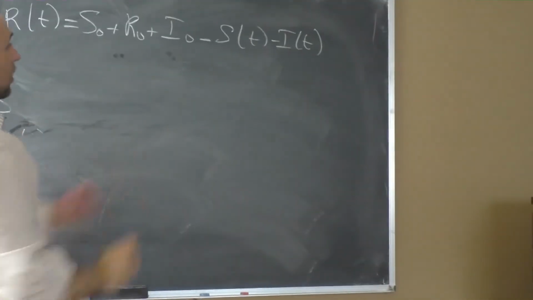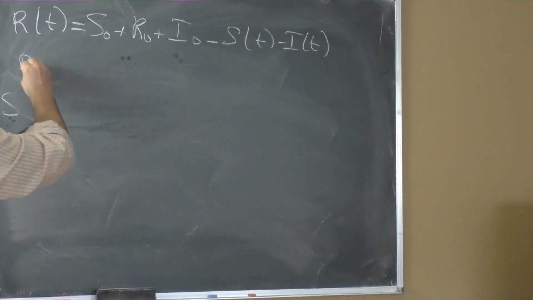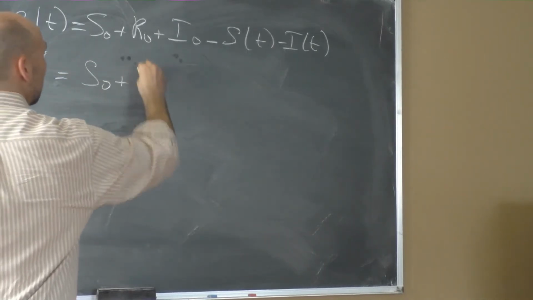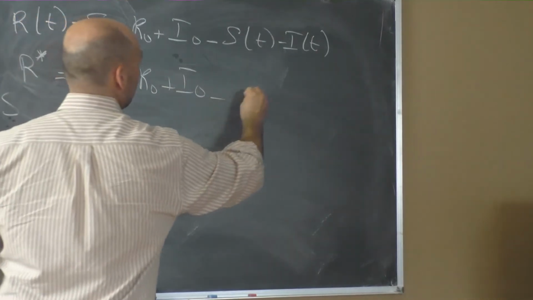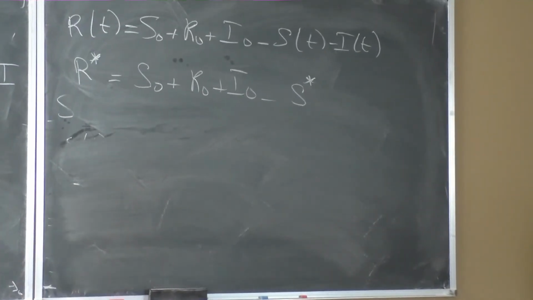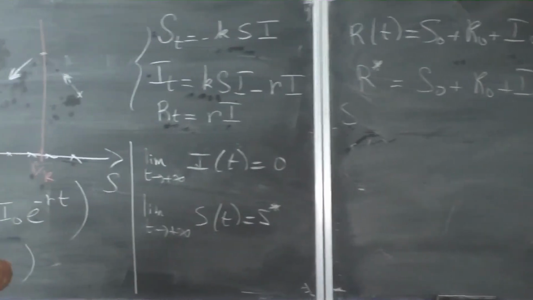But this thing is converging, so at the limit I get that R star equals S0 plus R0 plus I0 minus S star. All right, so I have almost proved the theorem.